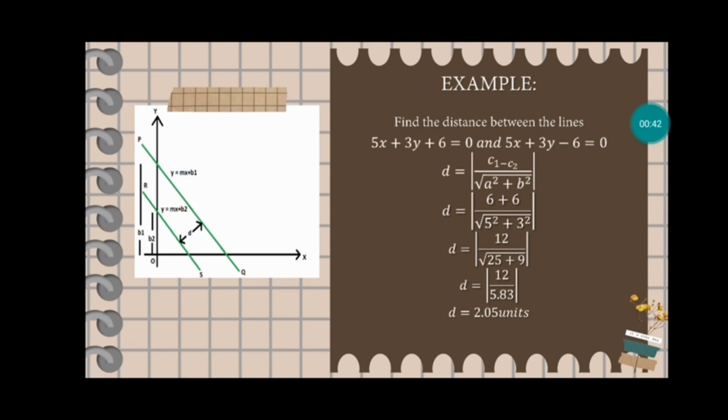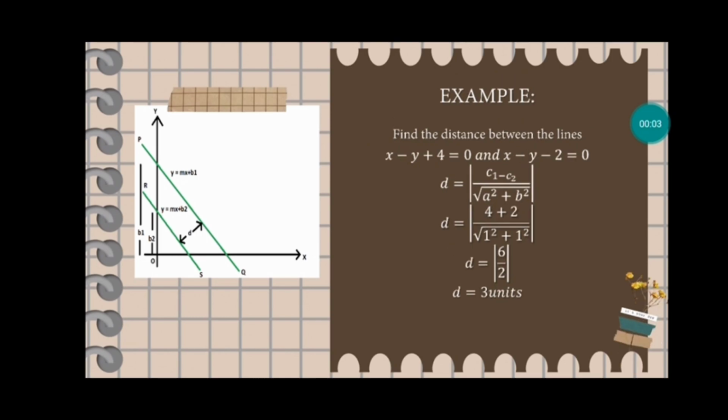So the square root of 25 plus 9 is equal to 5.83. So the distance is equal to the absolute value of 12 over 5.83, and the final answer is distance is equal to 2.05 units.